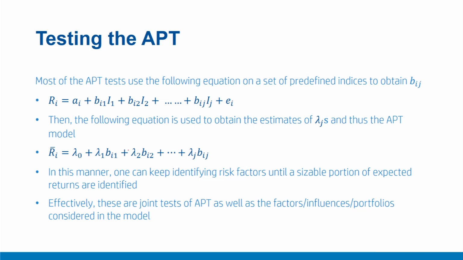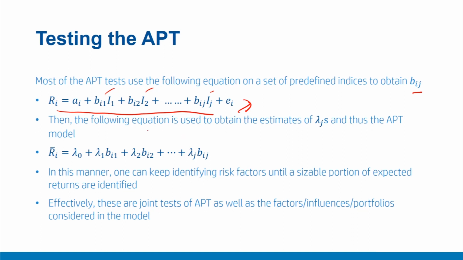As per modern market theory, most tests of APT use this kind of return generating process. They use a predefined set of indices like I1, I2, and so on, Ijs, and obtain sensitivities Bij by estimating this model where I1, I2, and Ijs are predefined.